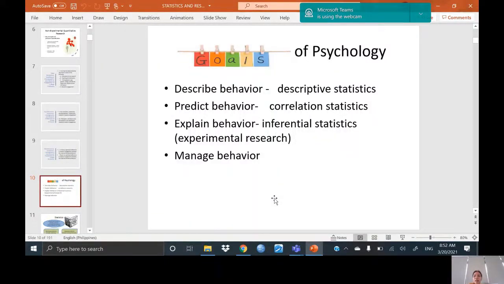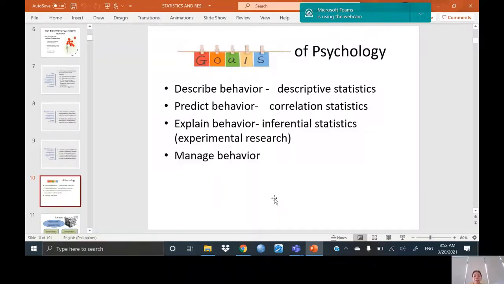So basically, these 3 kinds of statistics, descriptive, correlation, and inferential statistics, such as the t-test and the analysis of variance, are all used in our goal to make psychology a scientific endeavor, a scientific study. And with the outcome of the earlier goals of psychology, such as describing, predicting, and explaining, we can now try to manage behavior. So the ultimate goal is to manage behavior.